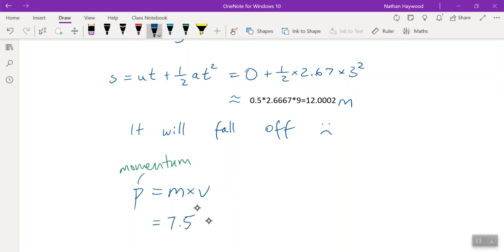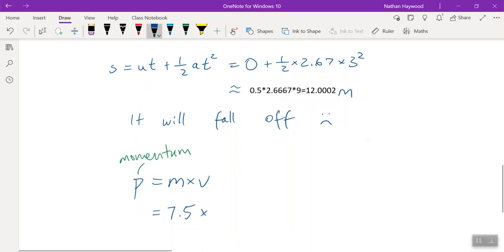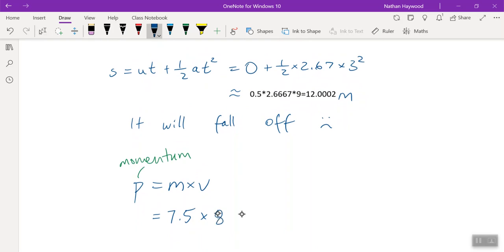My fat cat, 7.5 kilograms. So it's momentum. What's the units for momentum? Kilograms, meters per second, or newtons seconds.